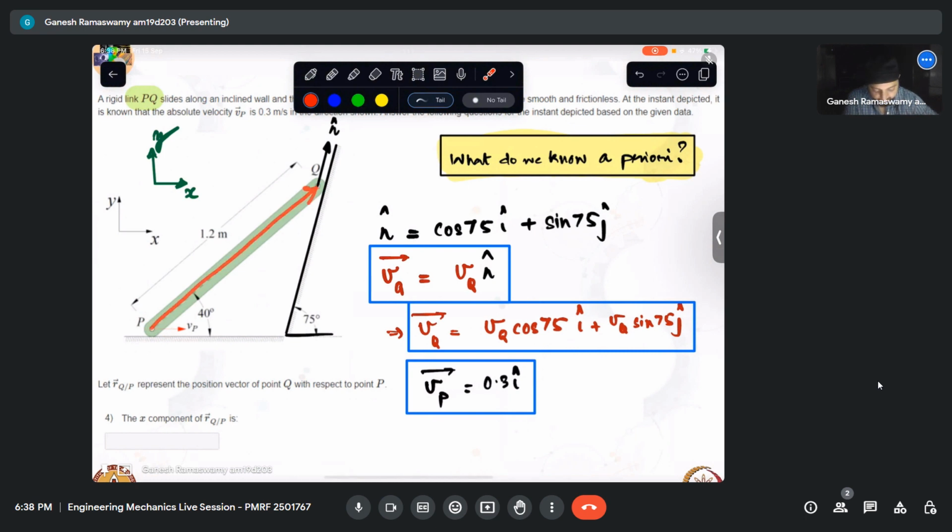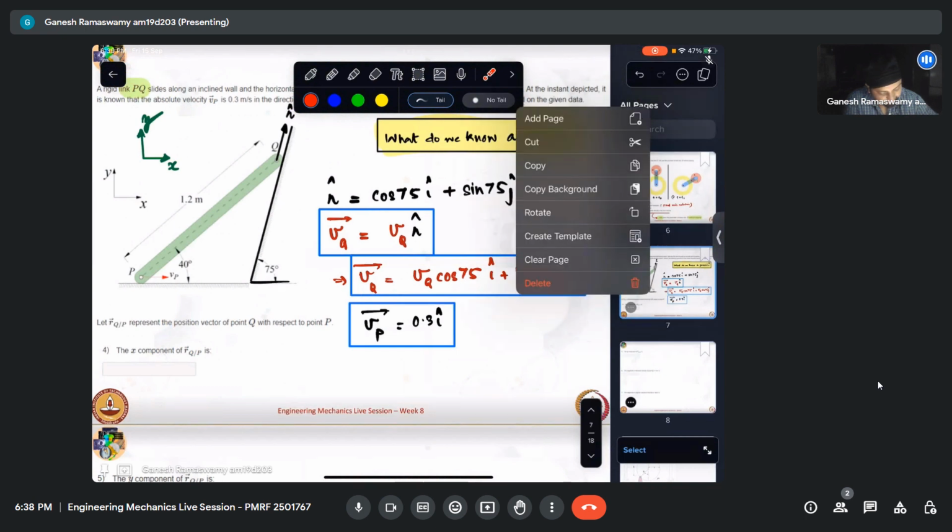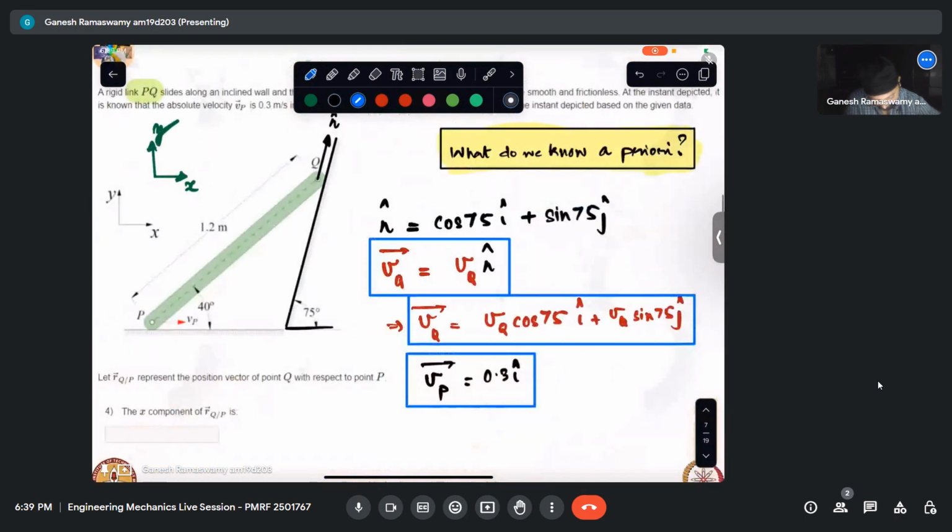and that other point will appear to trace a circular arc. Now, let us look at this graphically first. So, I have this as my vector.